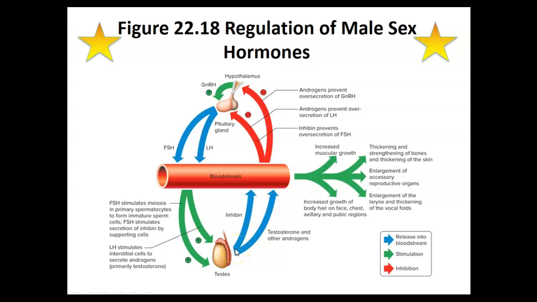And when testosterone is created, another hormone called inhibin, which does exactly what you think it does, it inhibits, is going to be released at the same time from the testes. They are going to go into the bloodstream, and they are both, inhibin and testosterone, going to feed back at the anterior pituitary, and both feed back at the level of the hypothalamus to decrease the GnRH that is stimulating the anterior pituitary. So it's a very tight control.